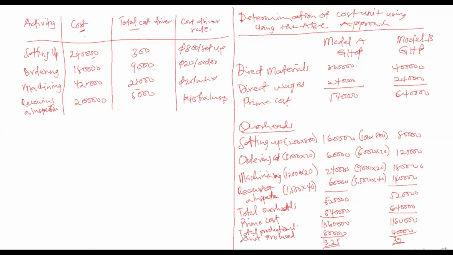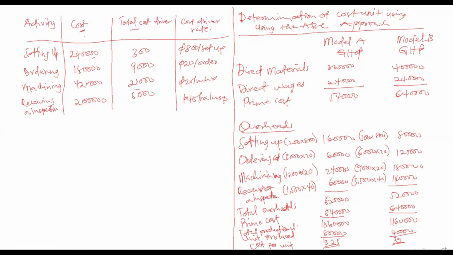So here we could see that the cost for each product when using a different approach is different. When we apply the direct labor hours, the traditional approach, the model A cost was 16 cedis 50 pesewas. But when we use the activity-based costing, it is 13 cedis 25 pesewas.